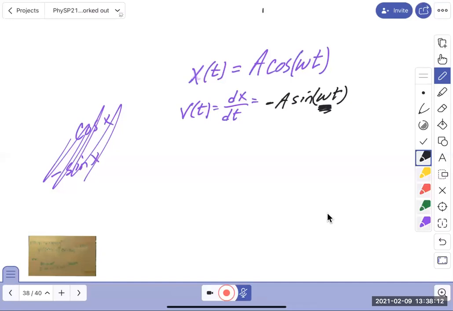So the derivative of omega t with respect to t is just omega. Okay, so then that's times omega. So the velocity, if x is cosine, would be negative omega a sine omega t. You bring the omega up front.